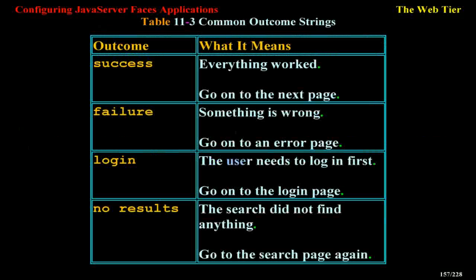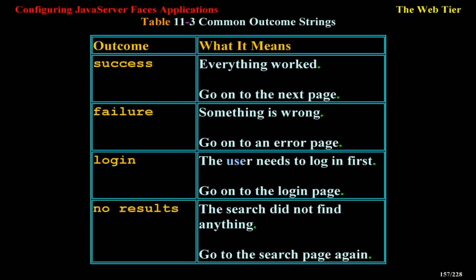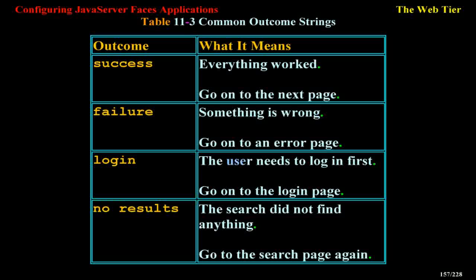Table 11-3 common outcome strings. Outcome success means everything worked, go on to the next page. Failure means something is wrong, go on to an error page. Login means the user needs to log in first, go on to the login page. No results means the search did not find anything, go to the search page again.